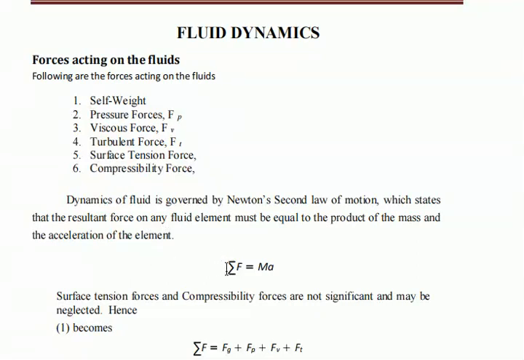So mathematically, summation of F is equal to ma. Summation of F is nothing but the resultant force, which must be equal to the product of mass and acceleration. The dynamics of the fluid is governed by Newton's second law of motion.